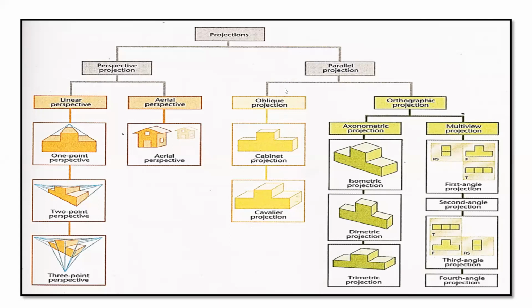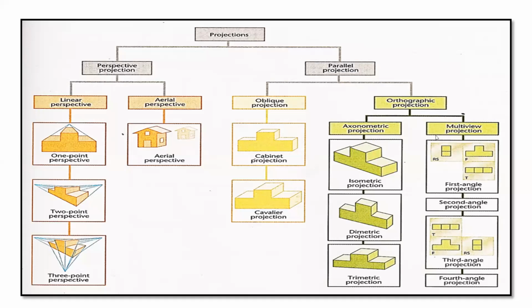The oblique projection and the axonometric projection are called pictorial projection, where we get the three-dimensional image after projection on the plane behind the object. In axonometric projection, we have isometric, dimetric and trimetric projection. In your syllabus, we have isometric projection and multi-view projection.